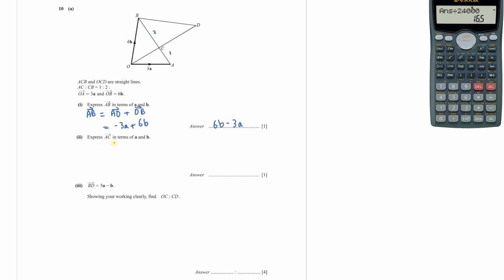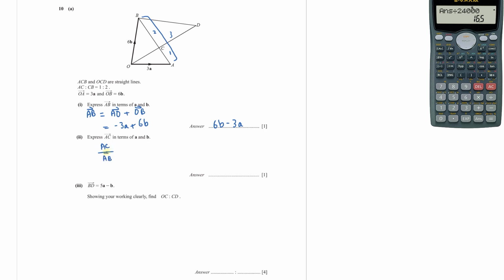Second part is express AC in terms of a and b. So AC is this vector and AC over AB is 1 over 3. So this is one part and this whole length will be three parts. So it's divided into two parts, this CB, and one part AC. So if I can find AB, which is pretty simple, I've already calculated this, then I can write AC over AB.